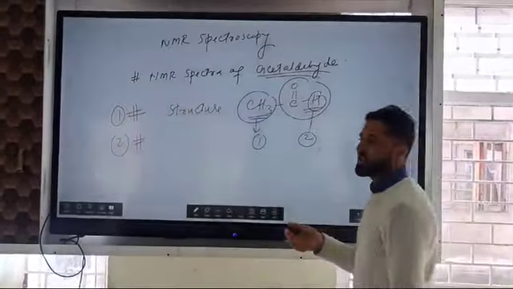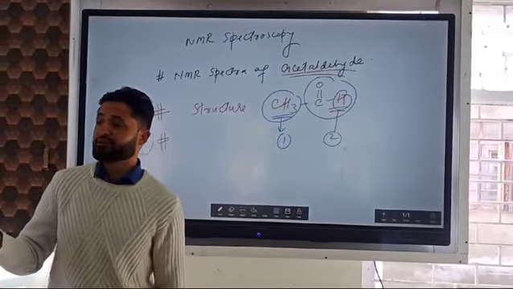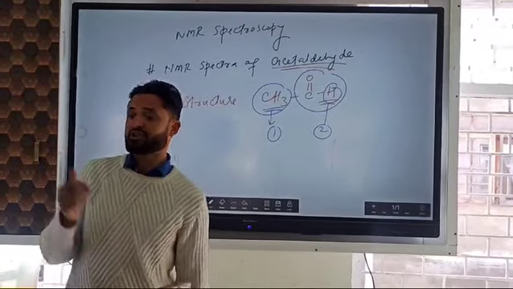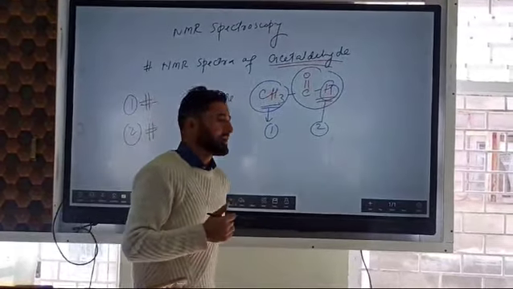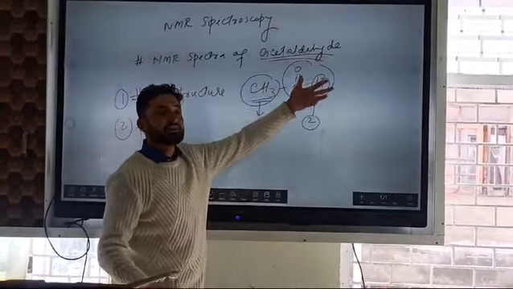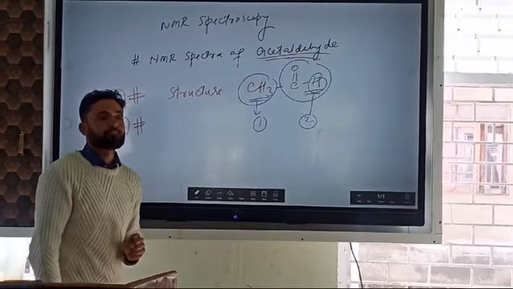Different nature means a different chemical environment. Different chemical environment means a different electronic environment. That means this hydrogen is in a different environment than the hydrogens which are attached to the methyl group.